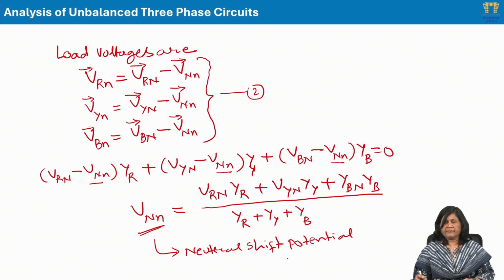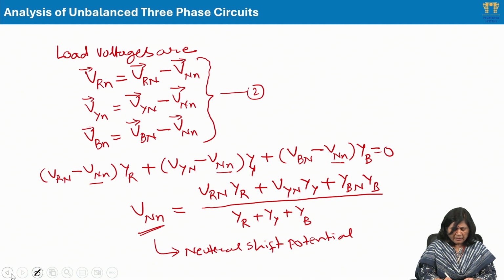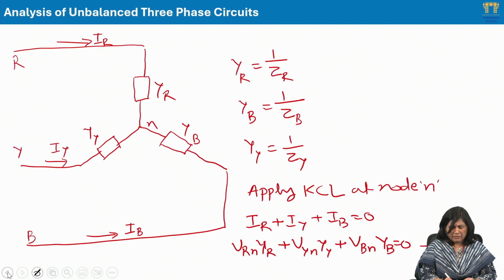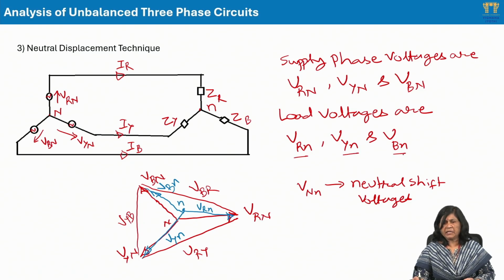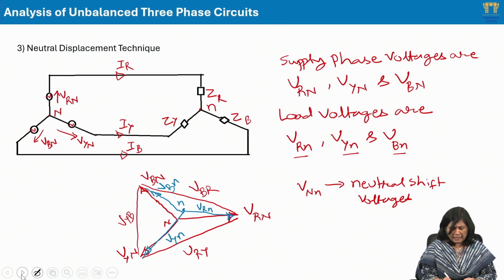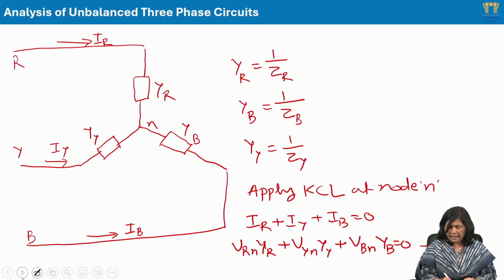Once we calculate this one, we can go back to the previous circuit. My load voltages are VRn, VYn and VBn, and I have the impedances ZR, ZY and ZB. So I can calculate my line currents.